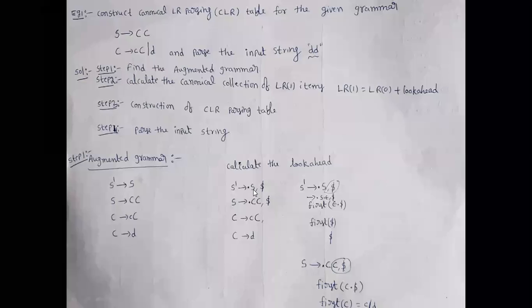After the dot we have capital S, and already we are placing the productions of capital S. So here, after the dot we have S, then we write the production of S. After S there is no terminal or non-terminal.